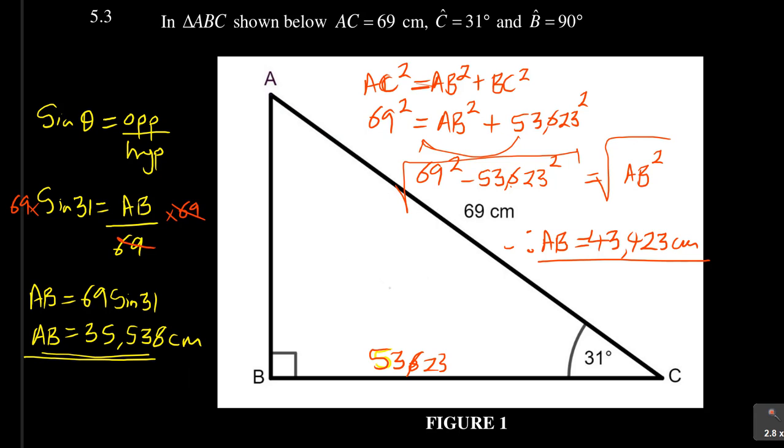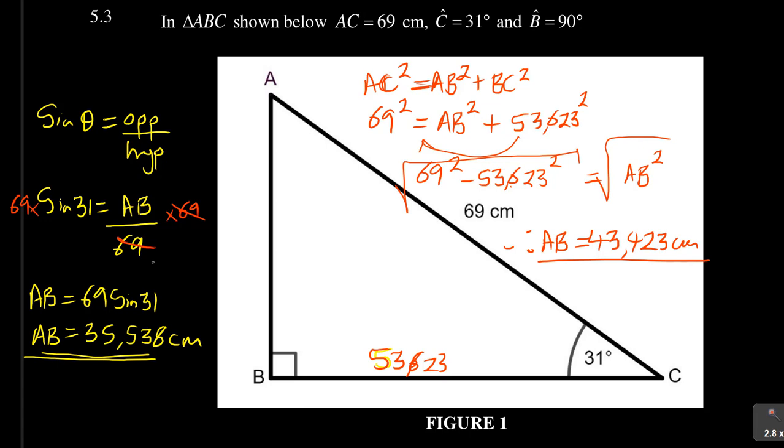Now if I look again at the previous one, let me go back to the previous one and check if I did it correctly. As I said, sin theta was equal to my opposite over my hypotenuse, and what I did was sin 31, which is the angle there, its opposite, which is AB over 69.